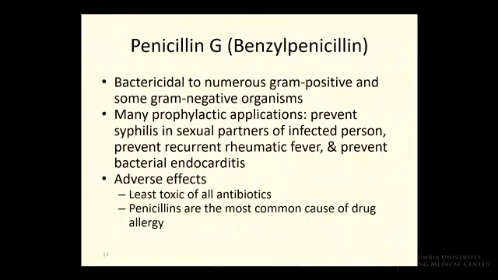It also is used to treat syphilis infection. It can be used to prevent recurrent rheumatic fever and also used to prevent bacterial endocarditis. Okay? Bacterial endocarditis is a complication of certain bacterial infections, where the infection starts one place and it gets into the endocardium. Okay? And so giving penicillin G can prevent that from happening.